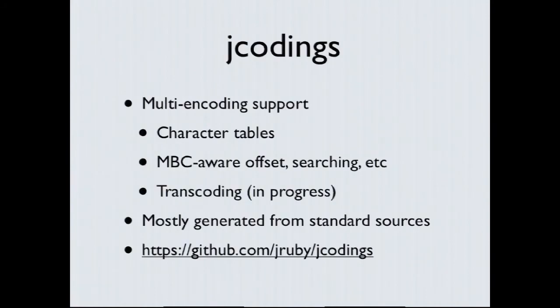We have to have something to represent encodings. And for that, we have a project called jcodings. This is basically a set of character tables, character encodings, UTF-8, UTF-16, big endian, little endian, 32, lots of Japanese encodings, European encodings, more encodings than typically are available on the JVM, and we can support these at runtime in any RubyString, along with the encoding and transcoding of all this stuff.